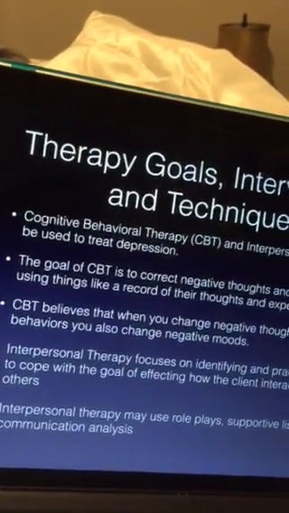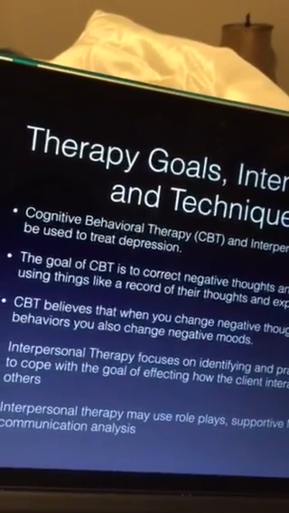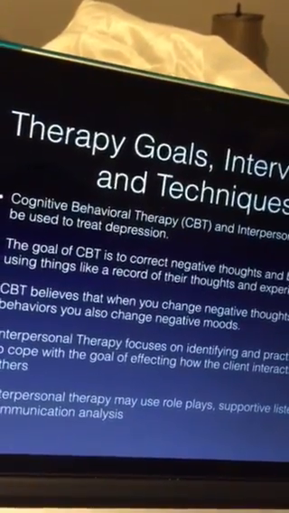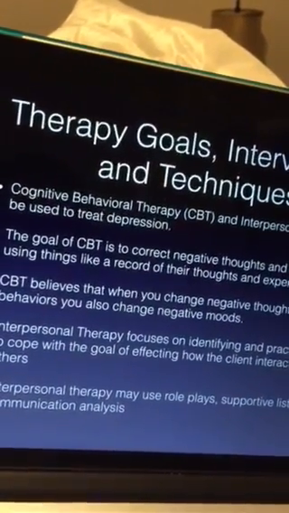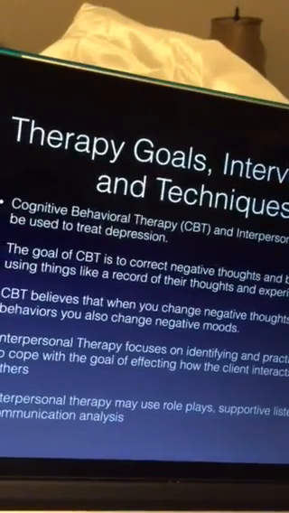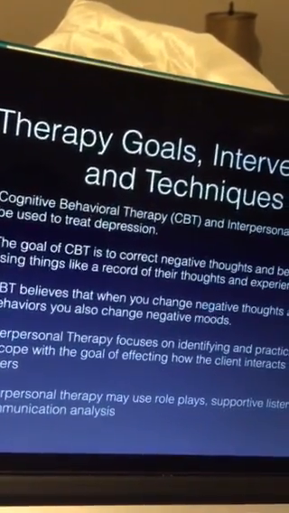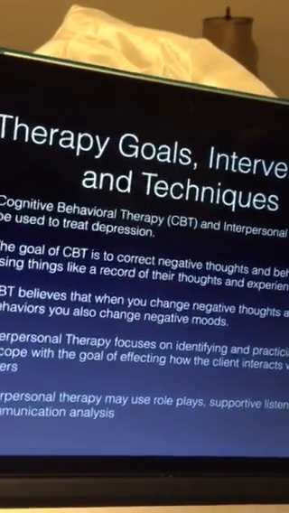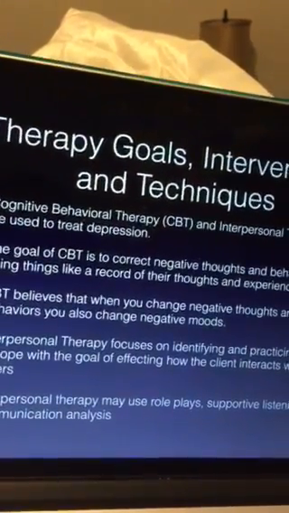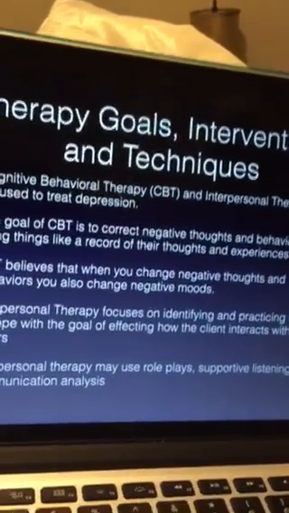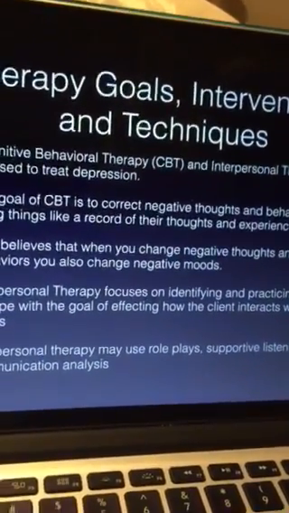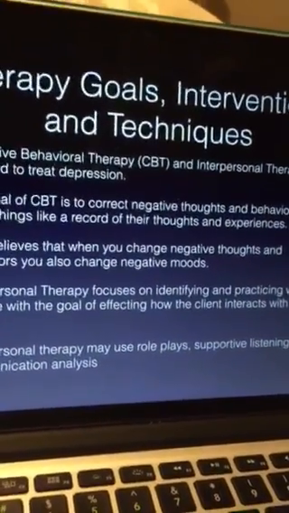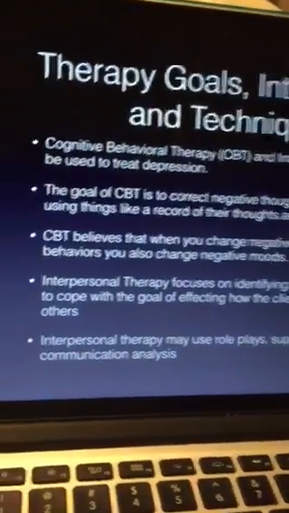With CBT, you're using a record of your thoughts and a record of your experiences, and you go over what was going on with those thoughts or experiences and analyze whether they were correct or not, so that you can change and tweak those negative thoughts and behaviors. CBT also believes that when you change those negative thoughts or behaviors, then you can change the mood, because depression is considered one of the mood disorders.